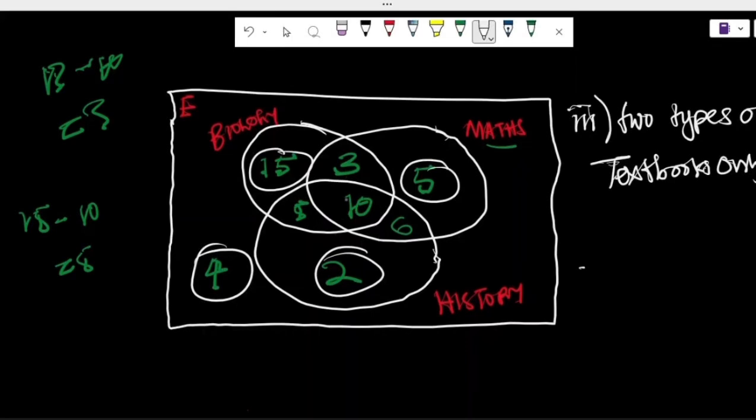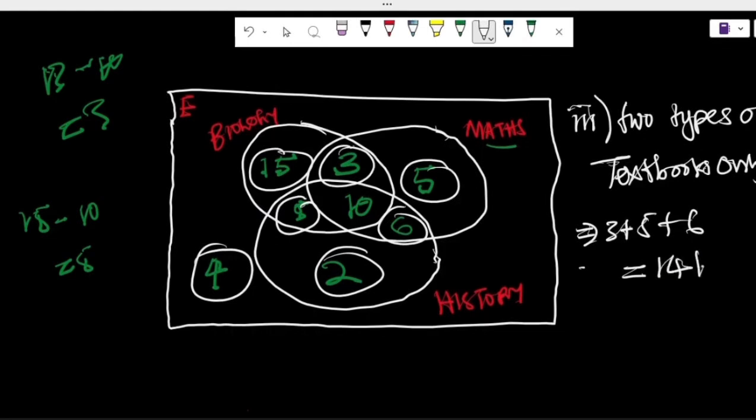As long as this information is correct, you notice that you have 5 and 3 and 6, because 5 students or learners collected both biology and history. 3 students collected both biology and mathematics, and 6 students here collected both mathematics and history. And so we can say this is 3 plus 5 plus 6, which is equal to 14 learners. And so this is our answer, and that is it for this question.